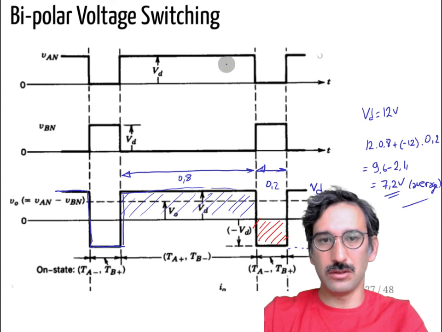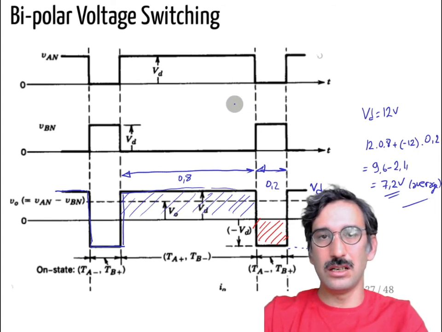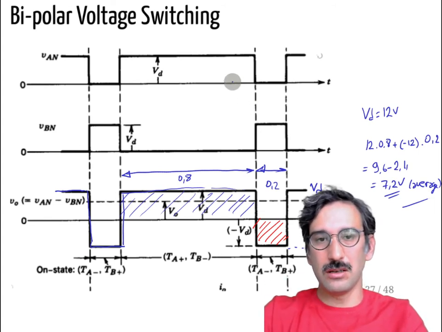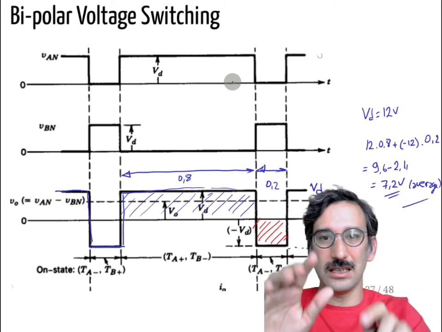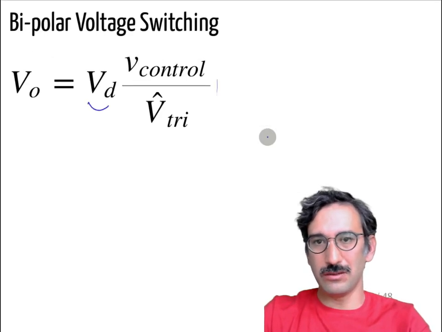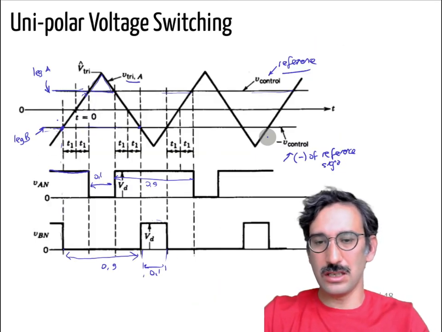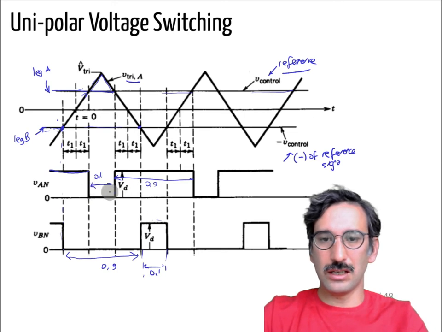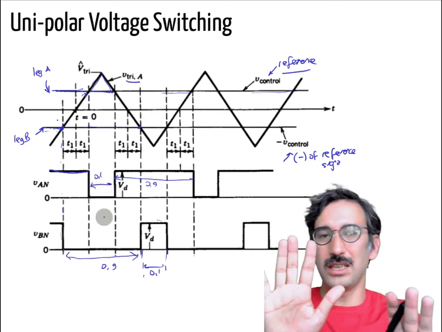So the duty cycles were symmetrical but inverse, but they are happening at the same time. Whenever this is on, that one was off. Whenever this is off, the other one was on. But with the unipolar voltage switching, you don't have that kind of relation, but it is kind of interleaved.